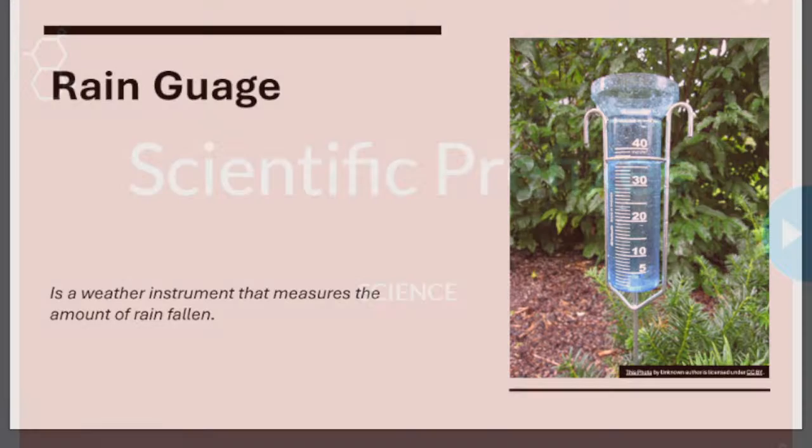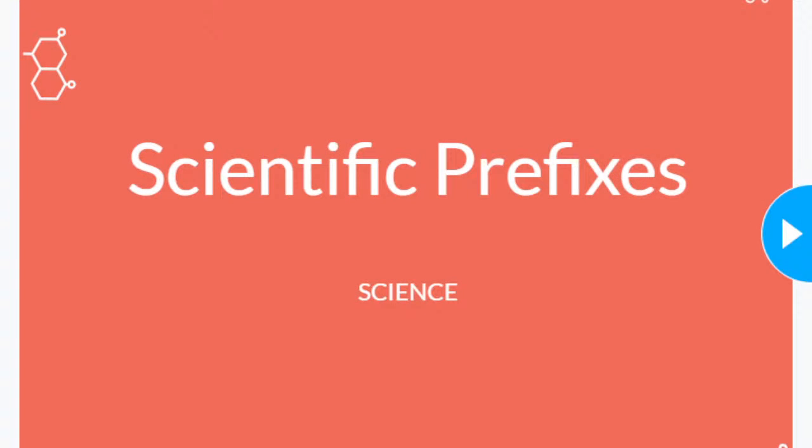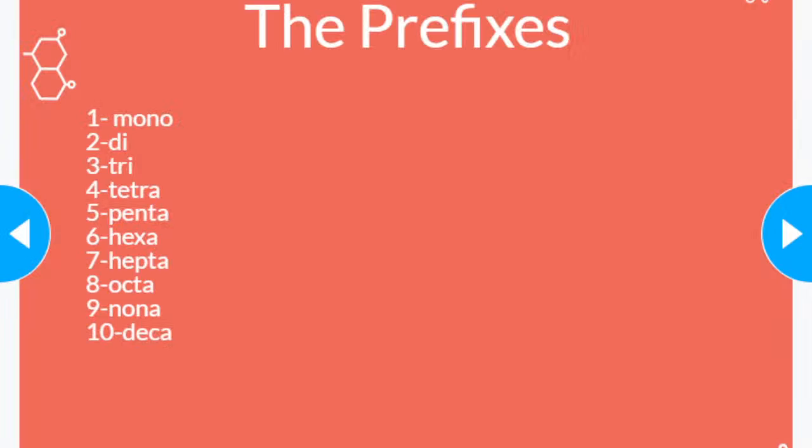Now next, prefixes for covalent bonds. The scientific prefixes for covalent bonds are mono, di, tri, tetra, penta, hexa, hepta, octa, nona, and deca.